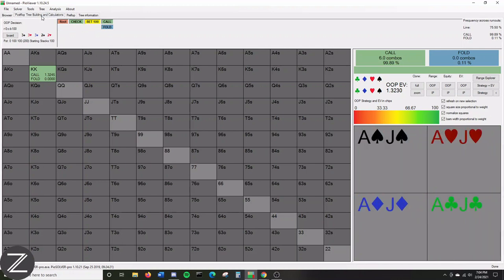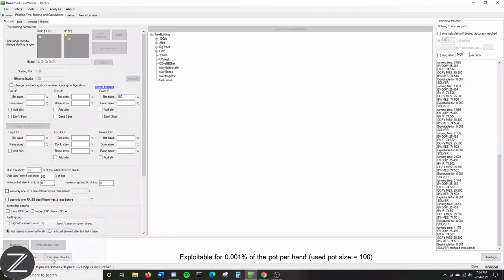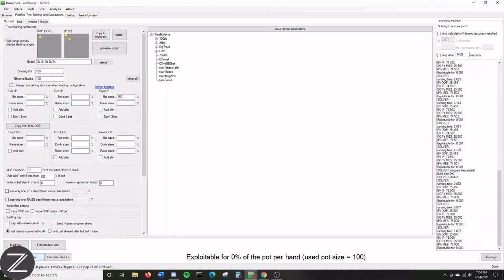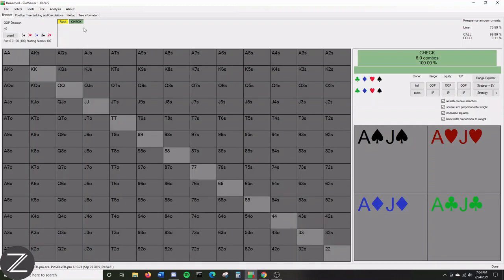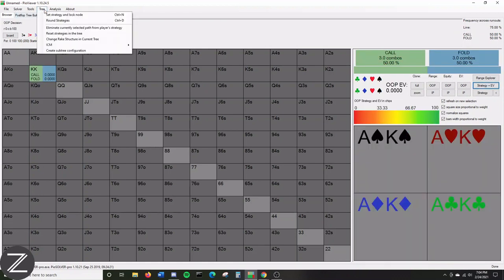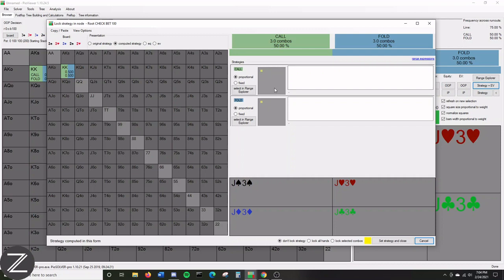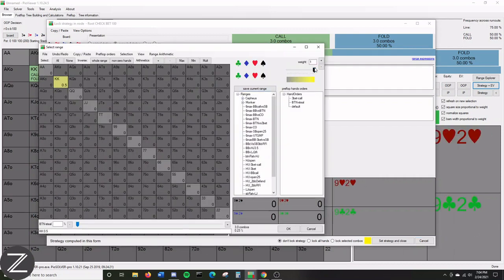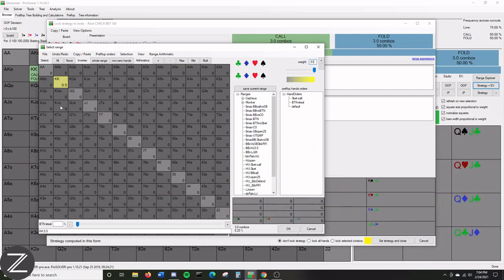Now, let's reset the strategies here. Now, what if Oscar slightly overfolds or underfolds? Well, say Oscar slightly overcalls, say by 1%.